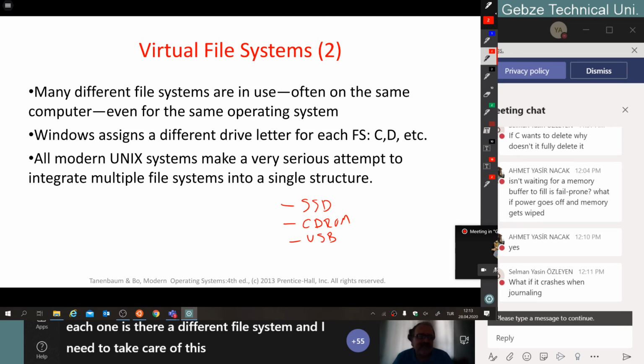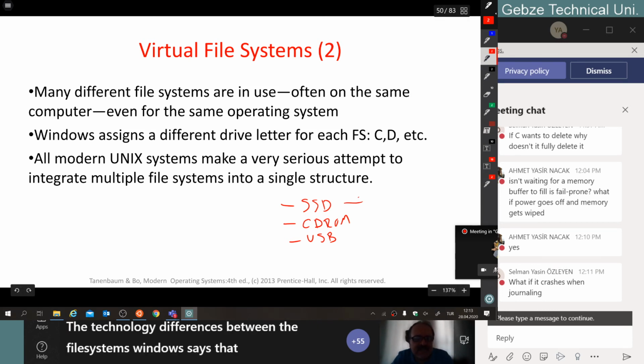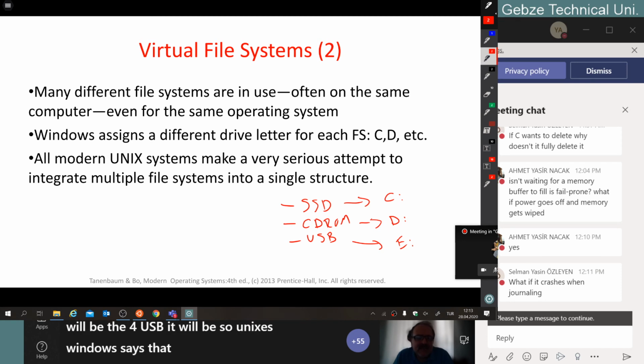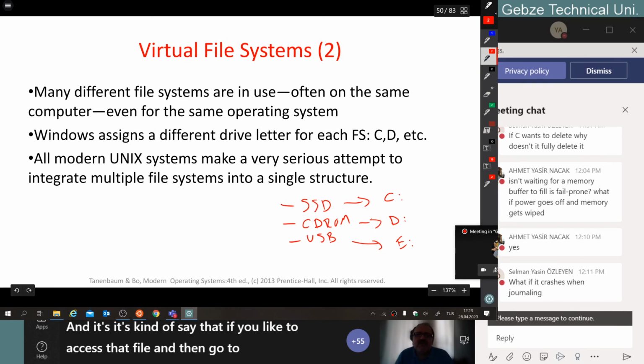Windows says that for this SSD I will assign the letter C, for CD-ROM it will be D, for USB it will be E. So for each file system there would be a different drive letter, and it says that if you would like to access a file, then go to this D, otherwise E. But Unix doesn't say that.